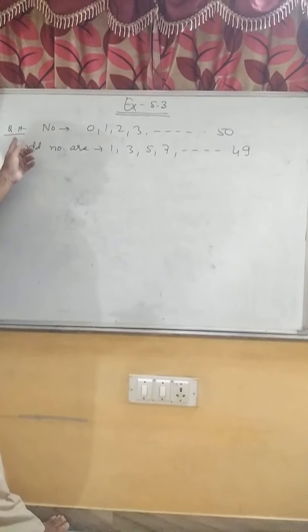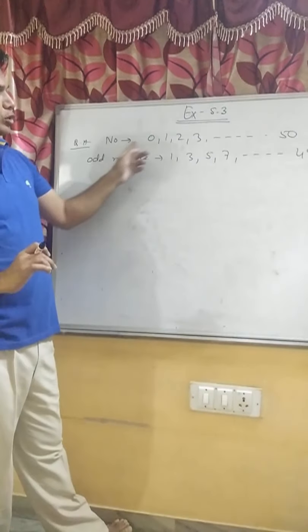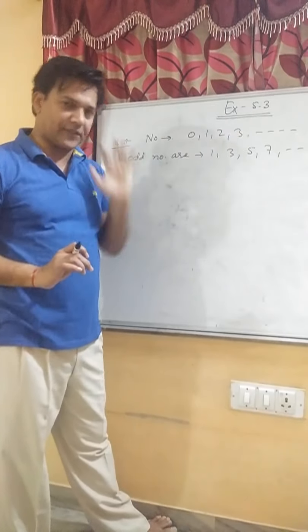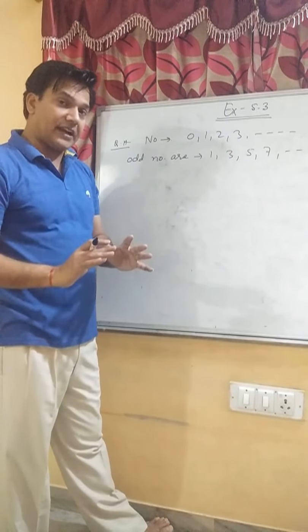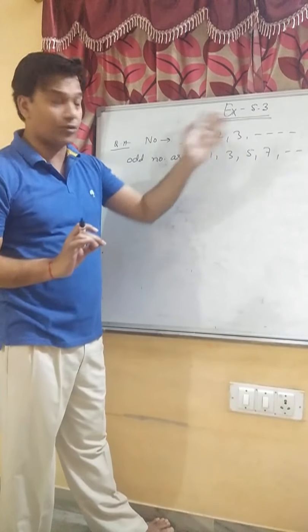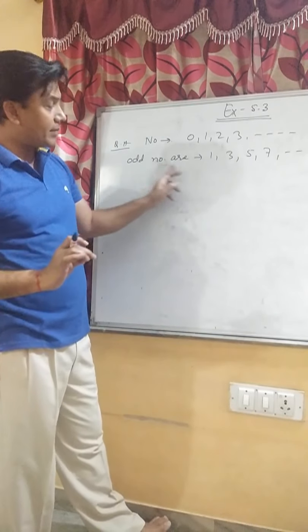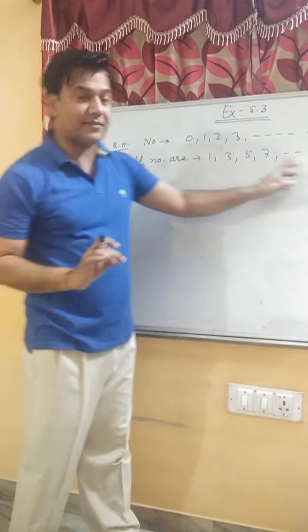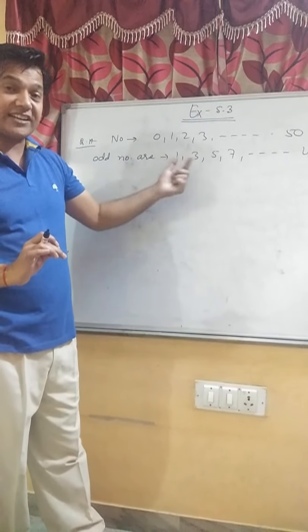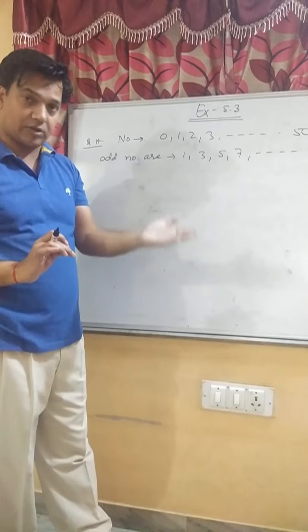Now in the 14th problem, the numbers are given as 0, 1, 2, 3 up to 50, 0 to 50. But we have to find the sum of odd numbers between 0 and 50. The odd numbers are 1, 3, 5, 7 up to 49. So the difference between two consecutive terms is 2 because these are odd numbers.